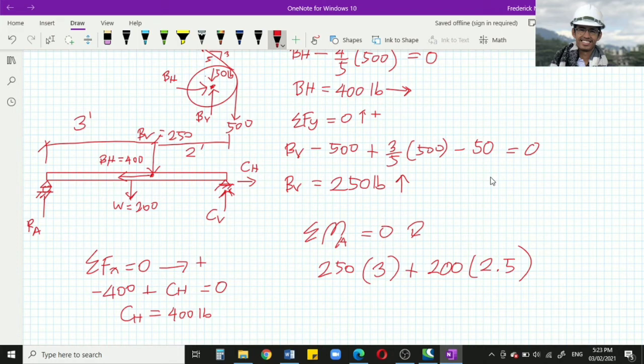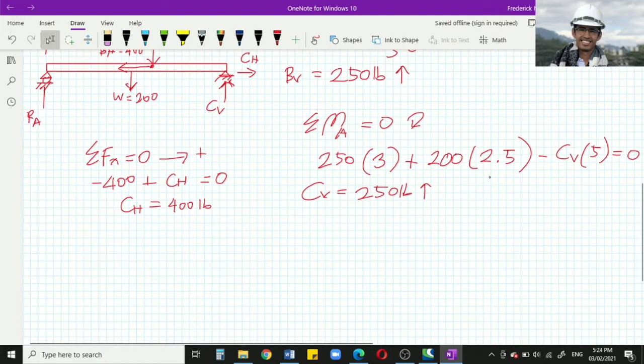So magro-rotate siya sa point A. So negative siya, counterclockwise. So minus CV times 5. Okay? Is equal to 0. Therefore, solving for CV will be equal to 250 pounds. Okay? Going to upward.